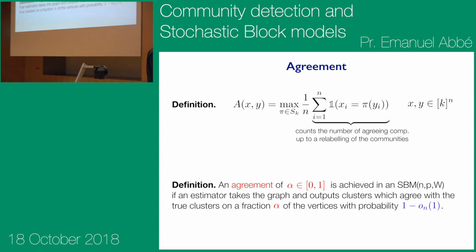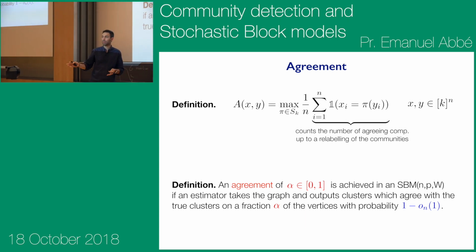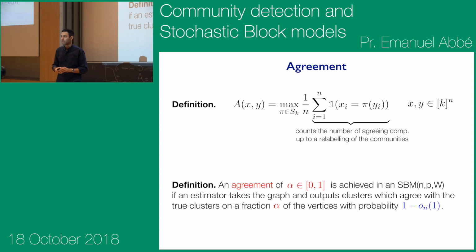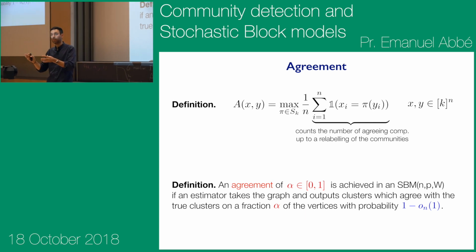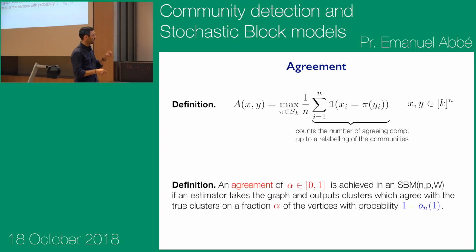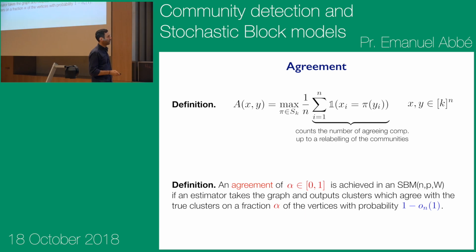Here little o of 1 means something that goes to 0 as n goes to infinity. So we only ask to succeed as the number of vertices grows large, but we want to succeed with probability that tends to 1. And this is the agreement alpha that we're targeting.